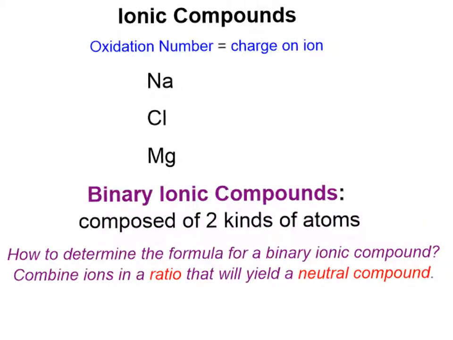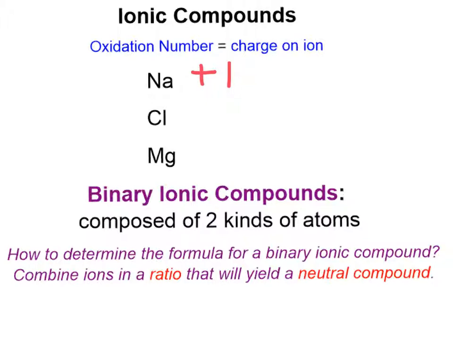For ionic compounds, the oxidation number is simply going to be the charge on the ion. So when we look at the periodic table, we see that sodium is an alkali metal. It has one valence electron, which it will likely lose when it forms a bond with something else. So sodium's oxidation number is going to be +1 because it's going to lose that electron and have a +1 charge.